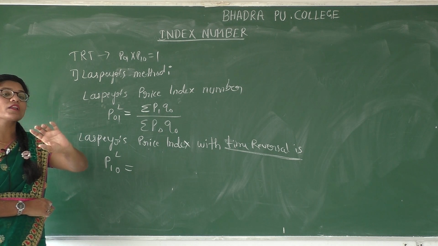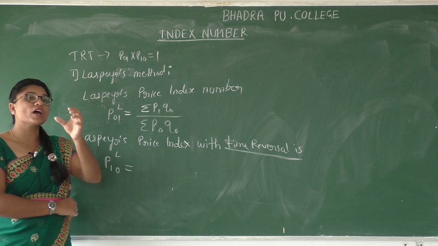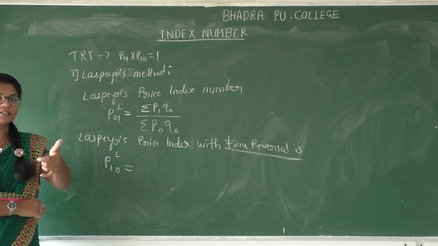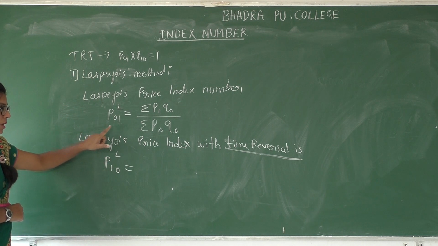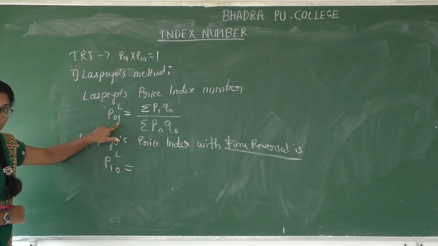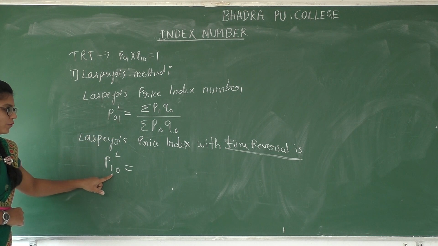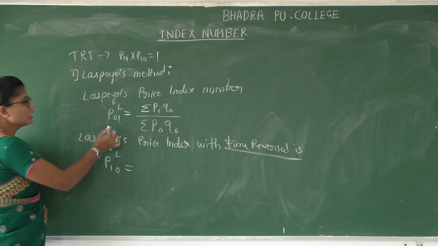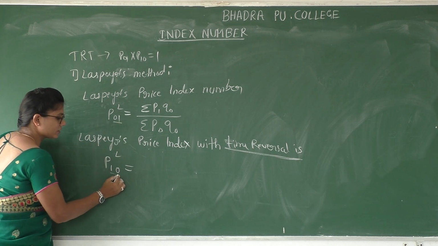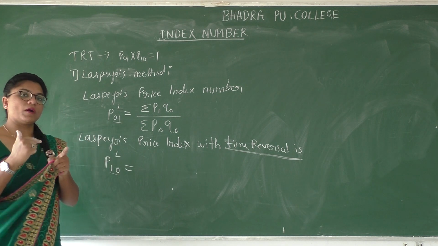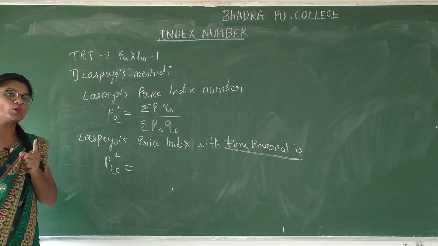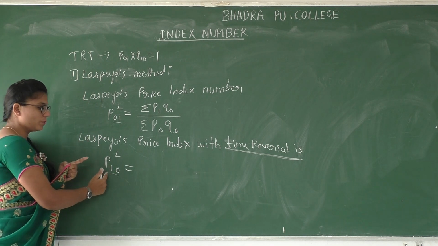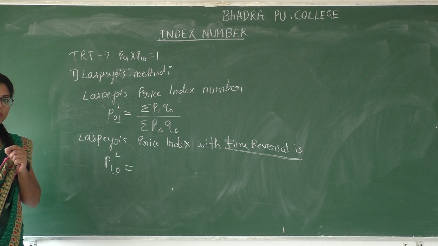Here we are reversing the time, so we are interchanging base year and current year. Therefore P01 becomes P10.